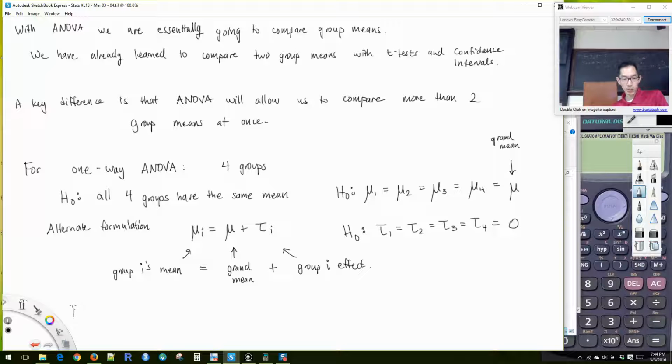The alternative hypothesis will be that at least one group mean or group effect, however you have it written, is different from the others.